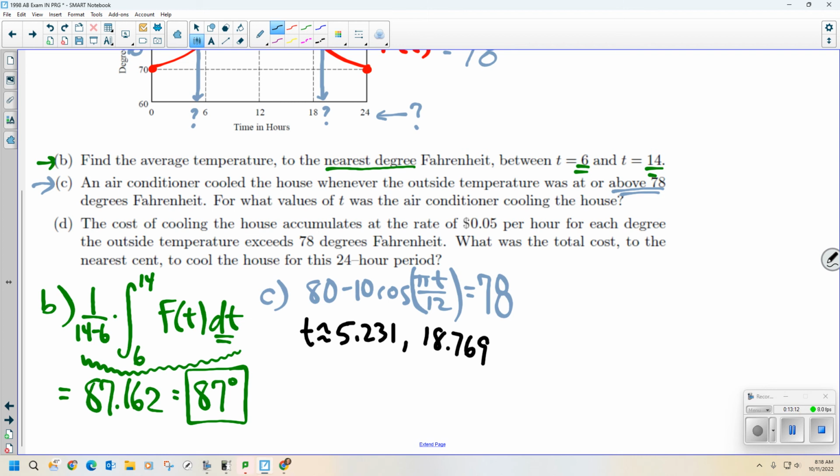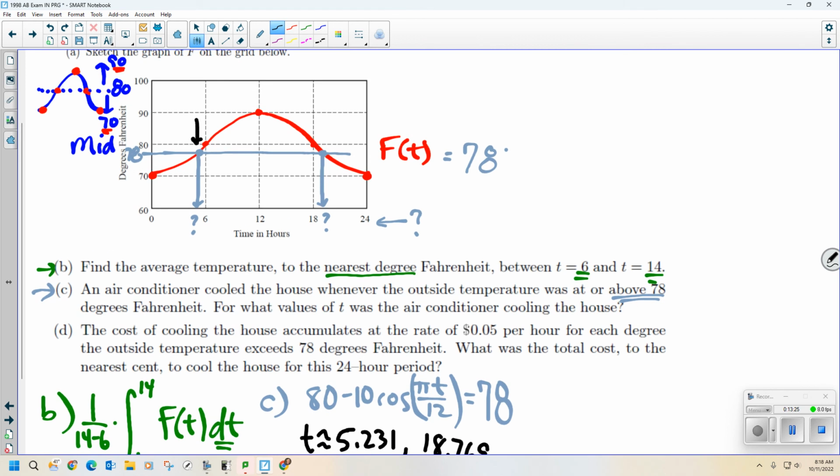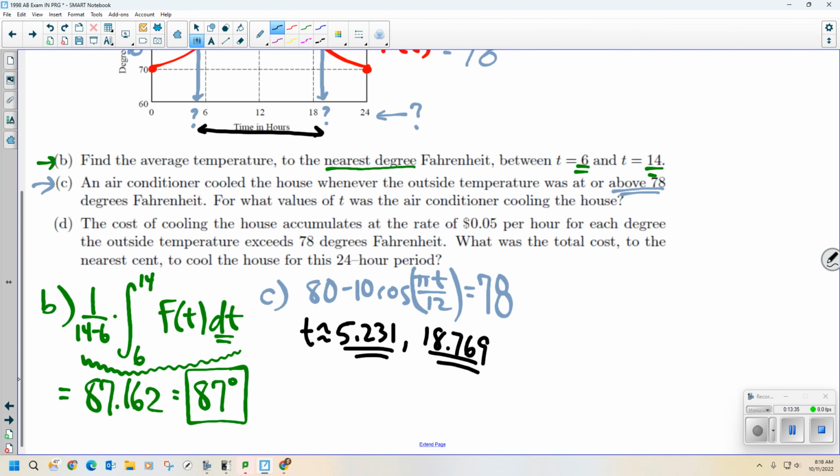Okay, so for what values of t? Now here, this is important. It doesn't just turn on at this moment and turn off, and turn on at this moment and turn off. Okay, let's look at our graph. It's going to start turning on here, and it's going to be on this whole time. So all the t values in between here. I don't want just the endpoints. I want everything in between.